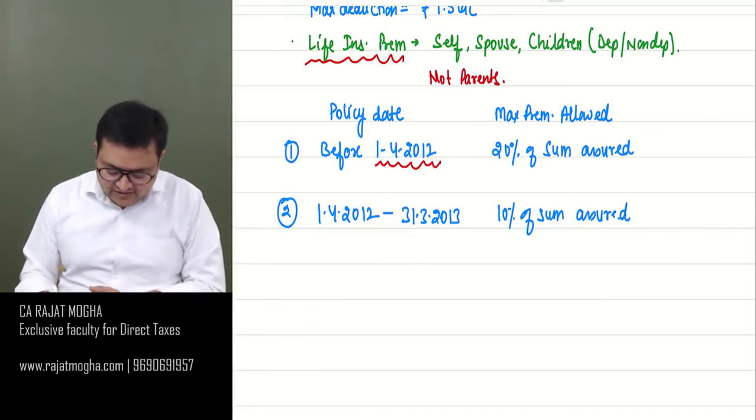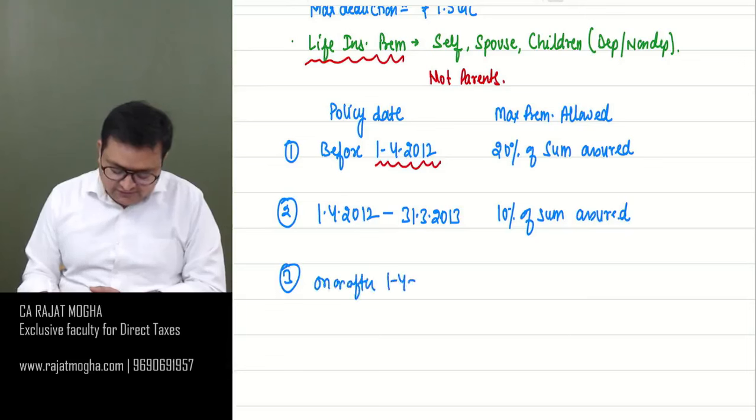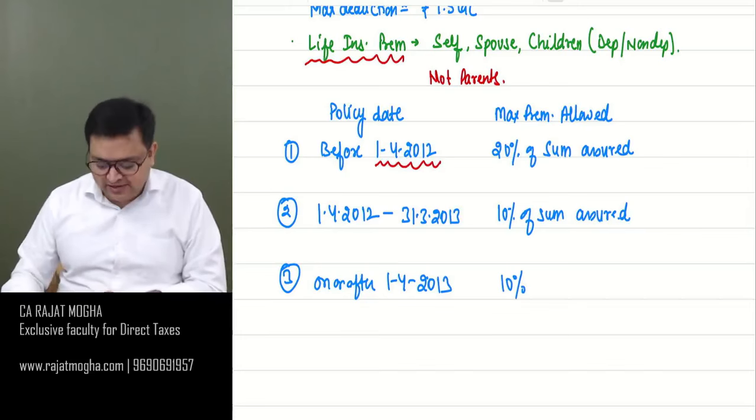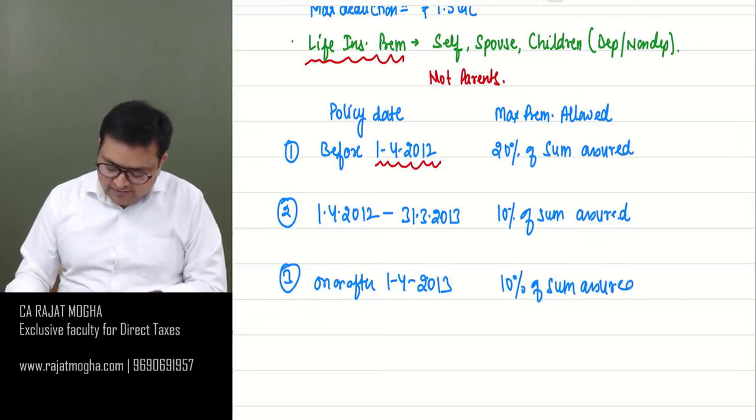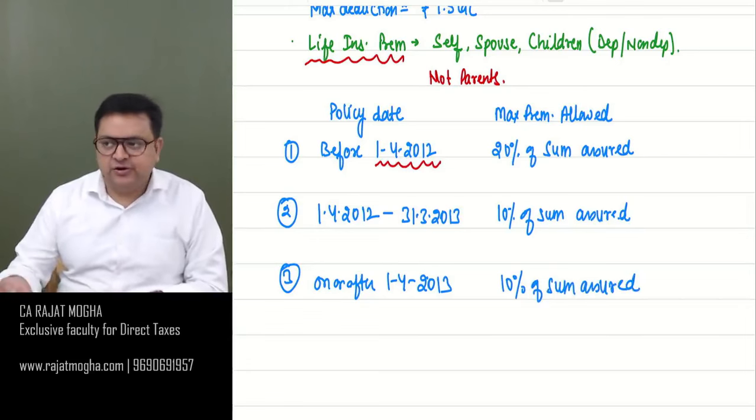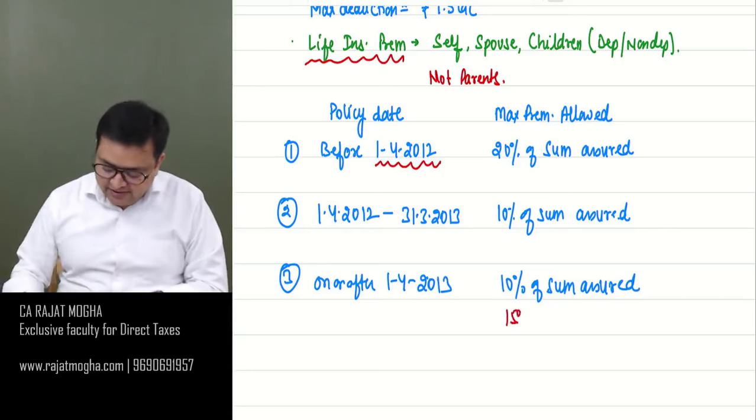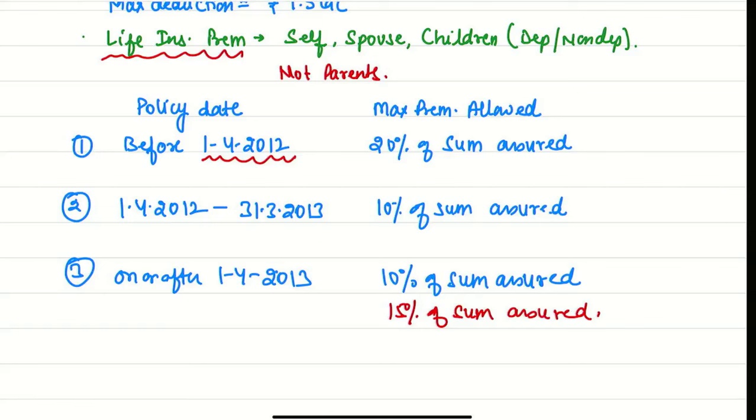So after 1 year, on or after 1st April 2013, now they made it for normal policy 10% of sum assured only. But for the person who is insured, who is physically handicapped, blind, deaf, or dumb, then it would be 15% of sum assured. So you have to take care of it.